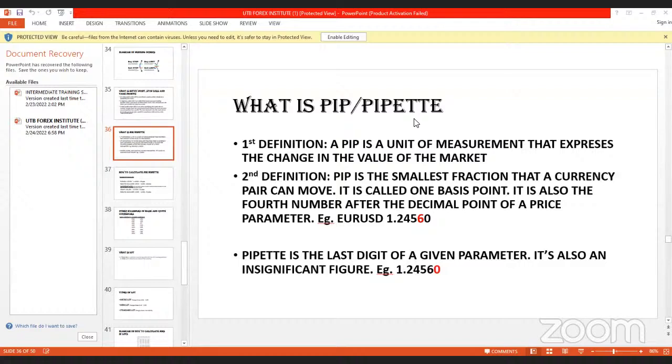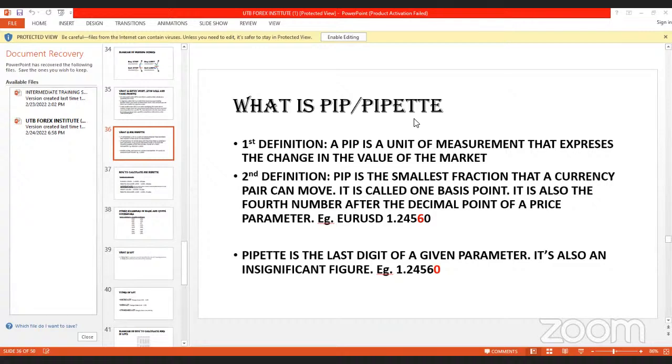That is what PIP is defined as. What we mean is the price movement. We remember talking about changes in price movement, price volatility, price changes, because price is not fixed.